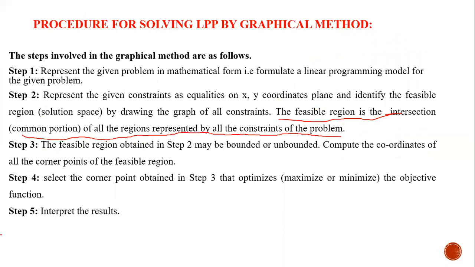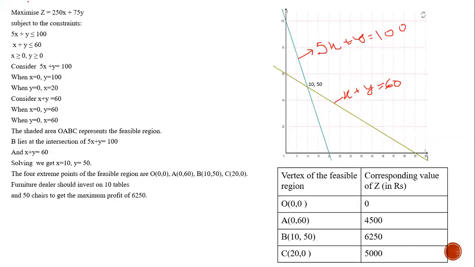Once again, the feasible region is the common portion of all regions represented by all constraints of the problem. If you see, there are two constraints here, and the common portion, the intersection of all the points, is this portion.